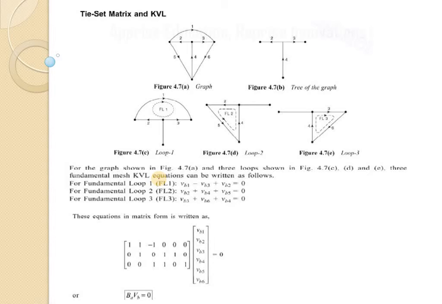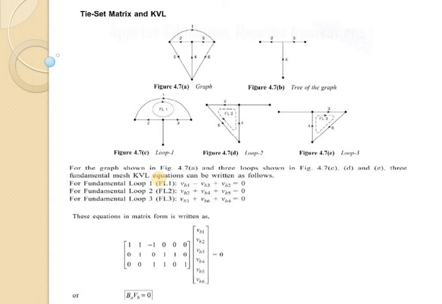For fundamental loop 1, here VB1 is the branch voltage of branch 1, VB3 is the branch voltage at branch 3 and VB2 is the branch voltage at branch 2.